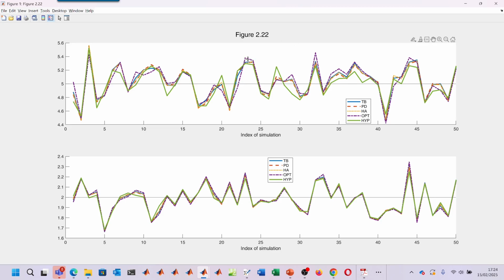Maybe the only rho function which produces estimates which are slightly different from the rest is the optimal rho function. You can see that it has slightly different behavior sometimes. In the lower panel, we are concerned with the estimation of sigma, and we have assumed that the value of mu is known. These curves jump up and down just like the ones in the upper panel, but now there is really very little difference between the algorithms.